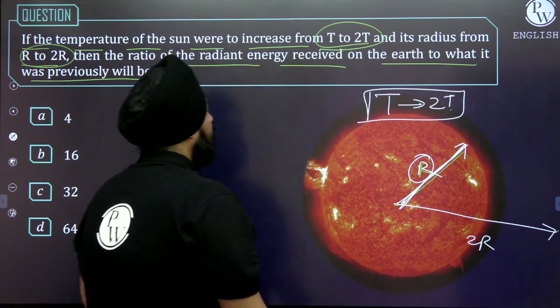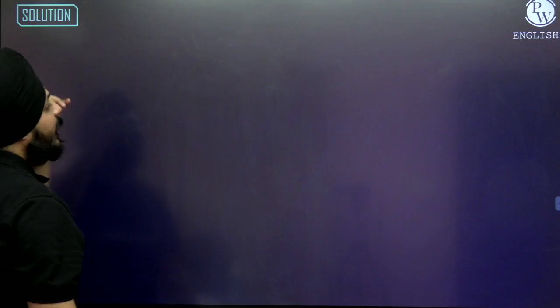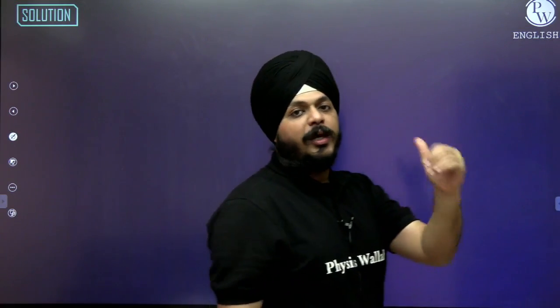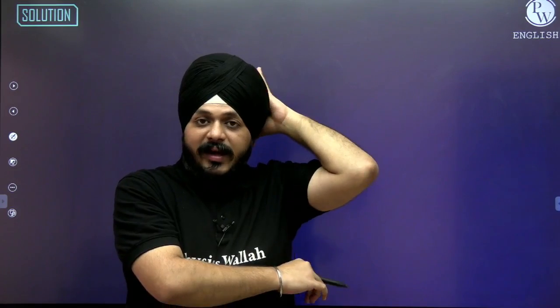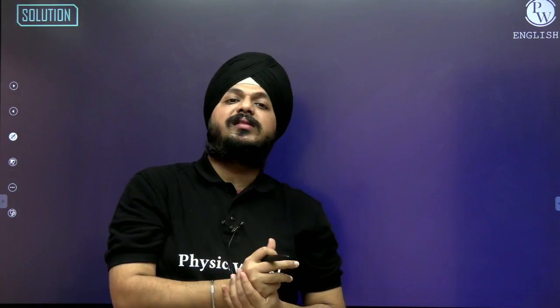Now we need to find the relation between energy and temperature. In the question, data related to the temperature and radius of the sun is given, and we have to reach the energy.